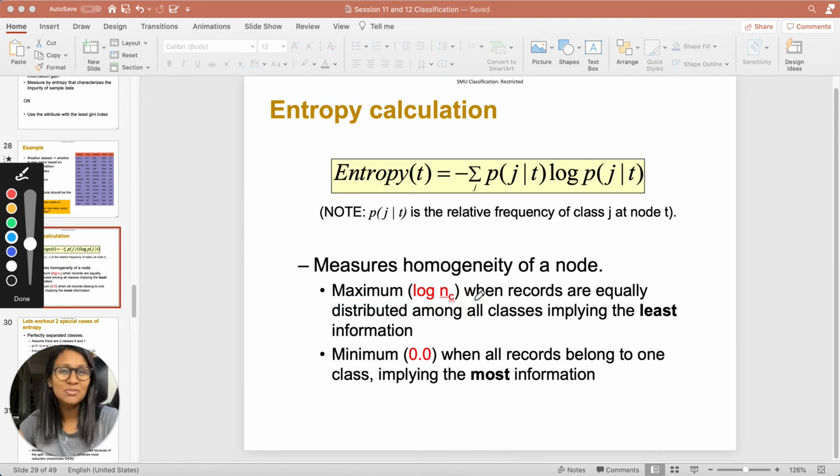In our case we have yes and no, so a perfectly mixed node will have 50% yes and 50% no. That is the maximum impurity that you can have in any given node for that tree. The maximum impurity will be log of 2 in our case, where C is equal to 2, and that is why the maximum impurity in our example is going to be equal to 1. So let's calculate that and see how that works out.